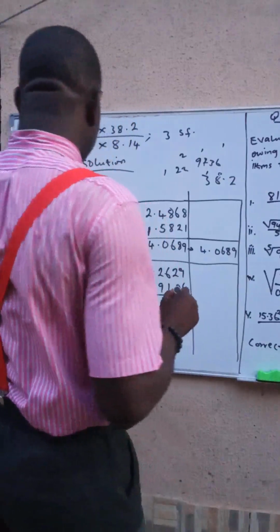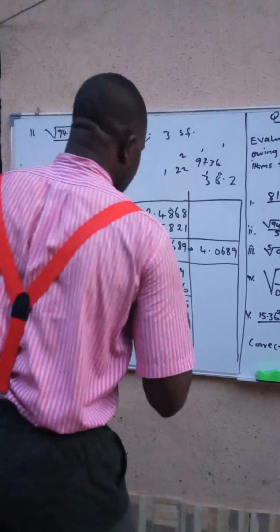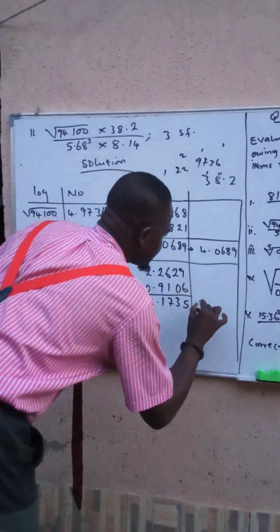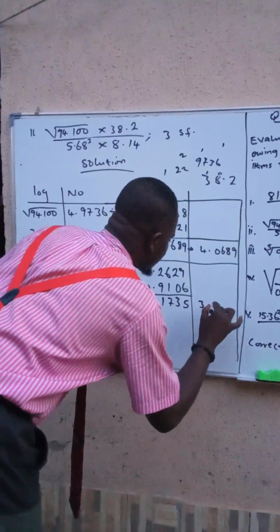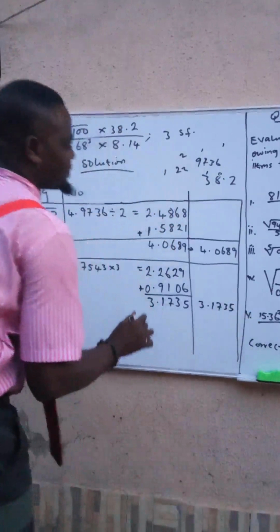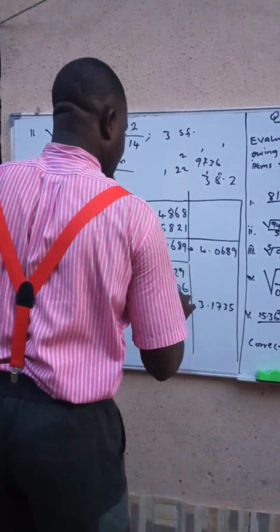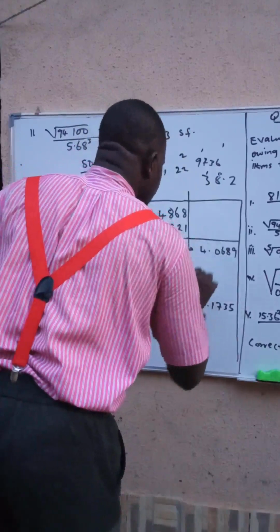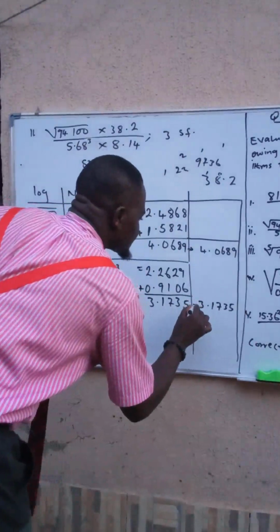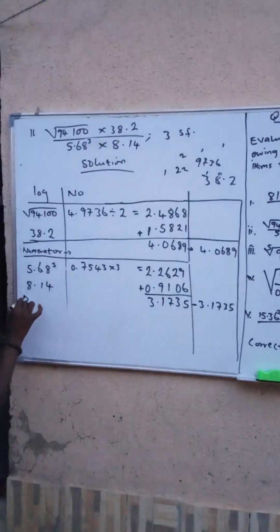Now, this is the denominator. Now, this denominator, you have to take it here. That is 3.1735. So what I'll do, this one is subtraction. This is the denominator, you have to subtract it. This one is the denominator.